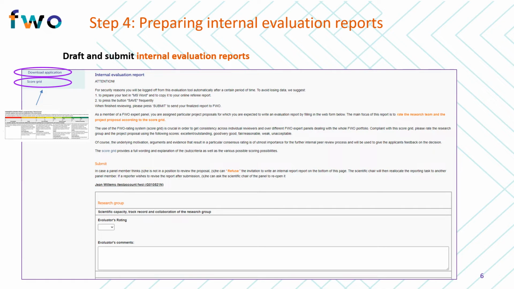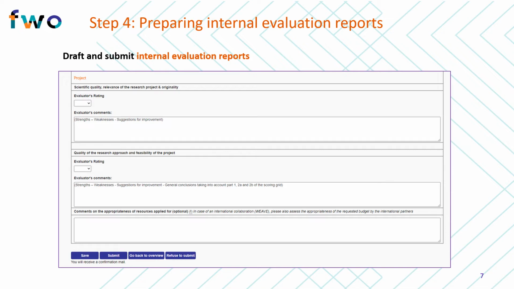Once you click on the pencil icon, a new window will appear, which first summarizes the guidelines for the assessment of the applications. On the left-hand side of this page, you will also find a link to download the application and the score grid that you should use. When you scroll down the page, you will see the evaluation form itself.